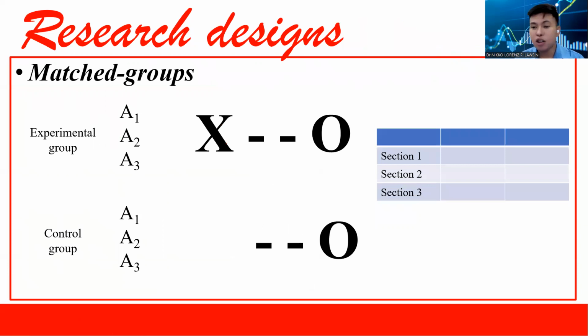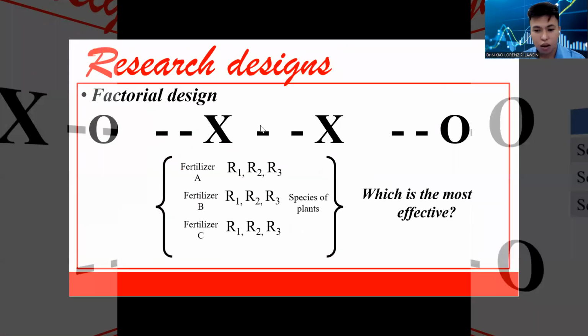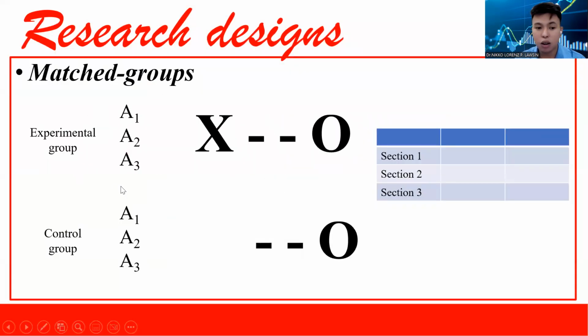Next one, you have the matched group. For the matched group, for example, this is the experimental group and control group. So, for example, A1 is section 1, A2 is section 2, A3 is section 3. So you can divide the group A into experimental and control groups.